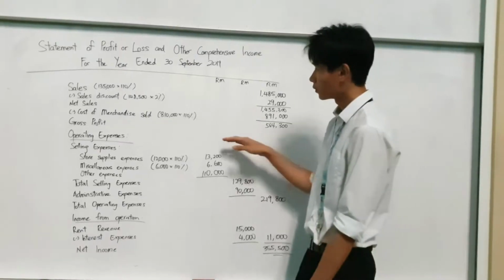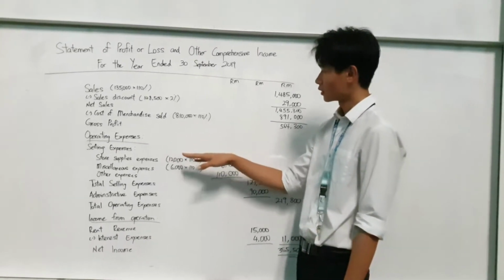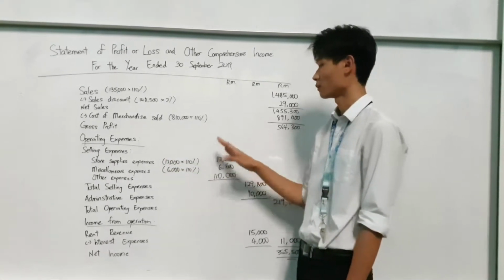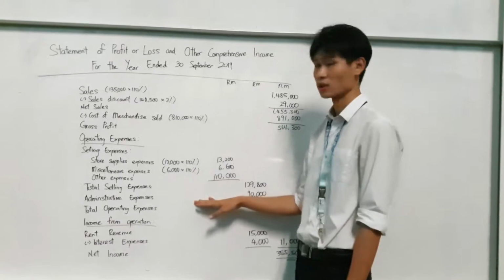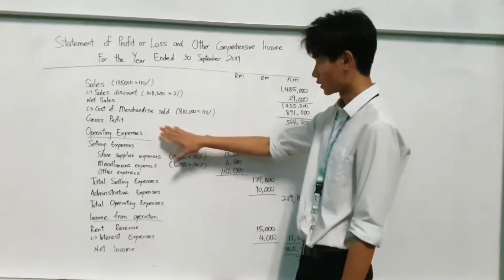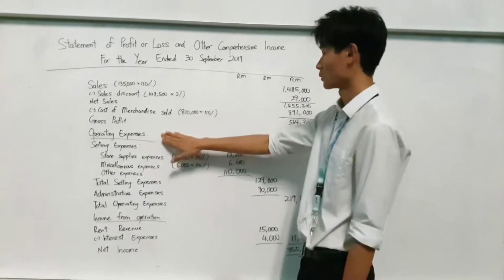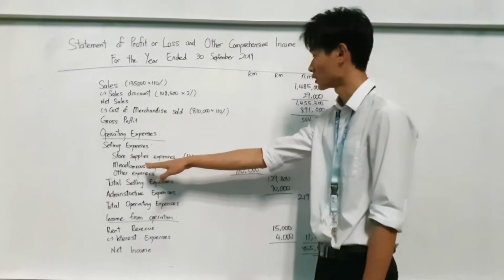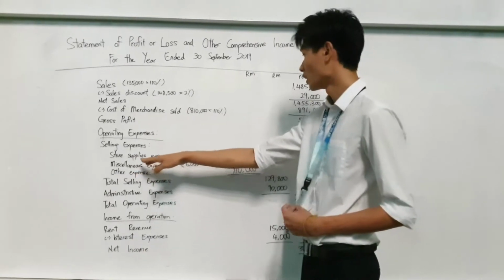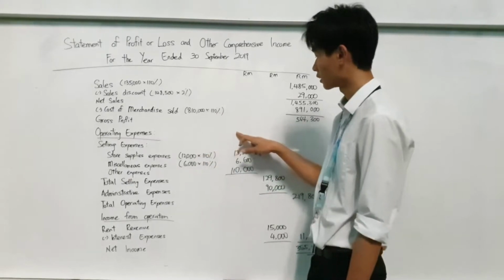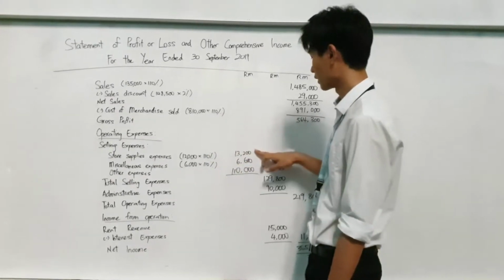Thank you. So as the proposal says, the store supply expenses and miscellaneous expenses will be increased by 10%, and the other expenses will be unchanged. So we will separate the operating expenses into two. There are selling expenses, which have store supply expenses, miscellaneous expenses, and other expenses. Store supply expenses, we use 12,000 times 110%, we get 13,200.